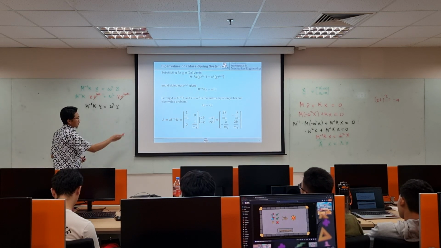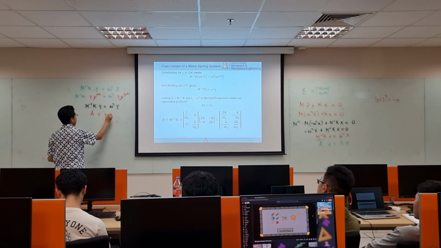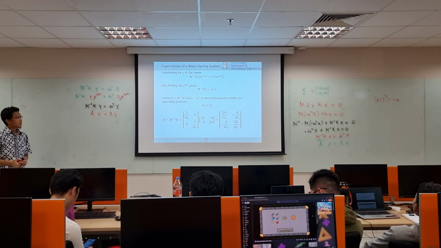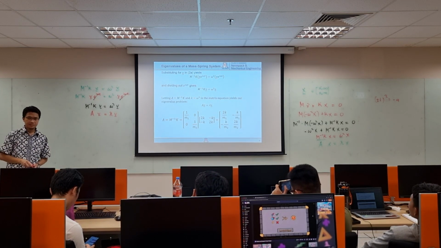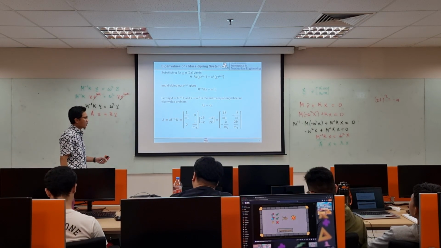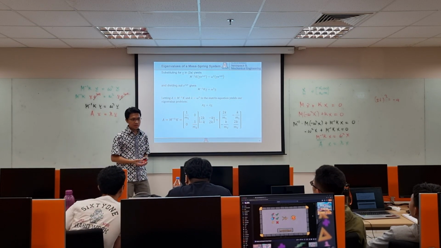And then if you write it down in the usual eigenvalue problem, it will be like this. So if M is a diagonal matrix, what will be the inverse of it?